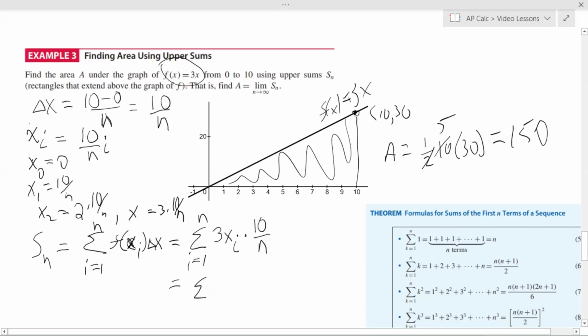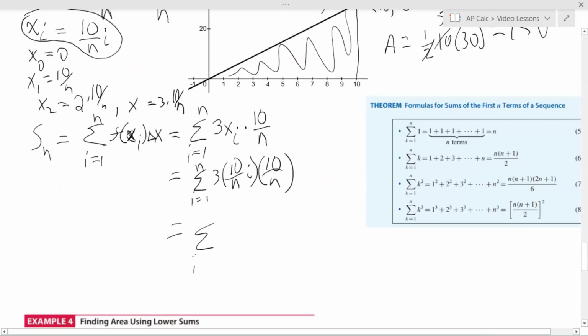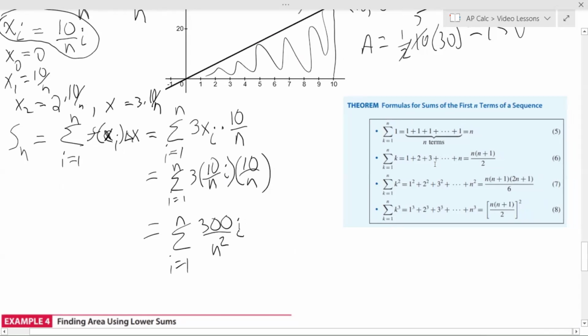Now, xi, we said was 10 over n times i. So this would be 3 times 10 over n times i, times delta x, which was 10 over n, i equals 1 to n. Okay. Now we could simplify this a bit, and we have the sum, i equals 1 to n, of 300 over n squared times i.